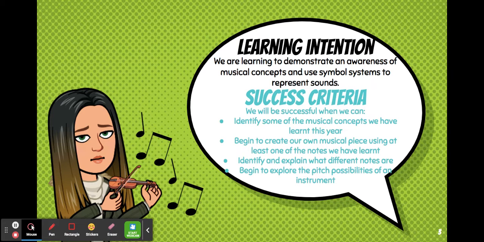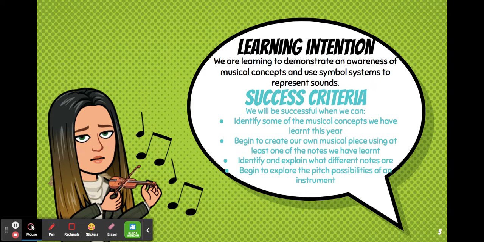We will be successful when we can identify some of the musical concepts we've learnt this year, when we can begin to create our own musical piece using at least one of the notes we have learnt. And it's fantastic to see that all the musical compositions that I've seen uploaded so far are using all of the notes that we have learnt so far this year.